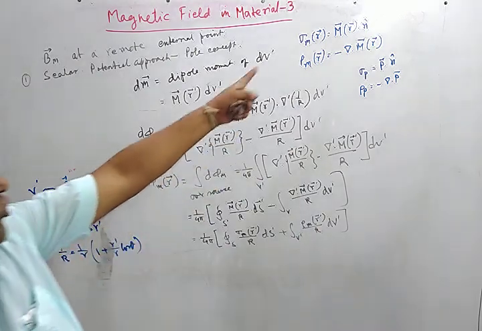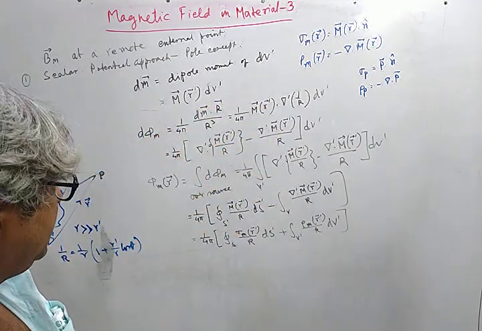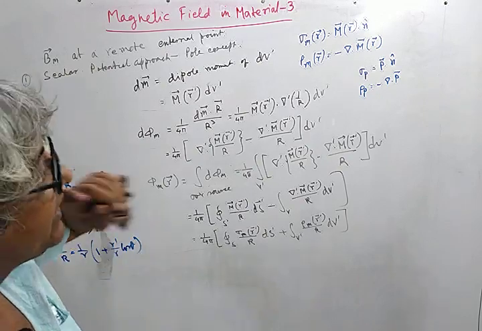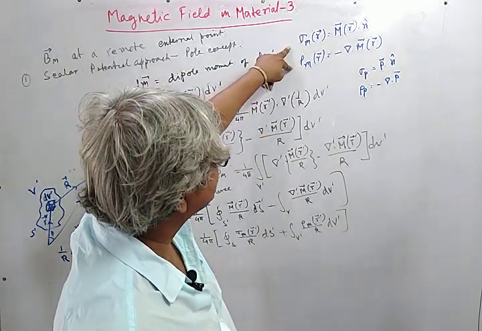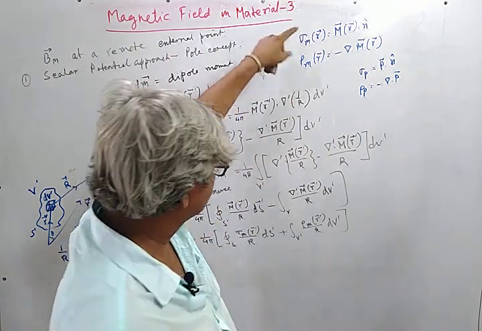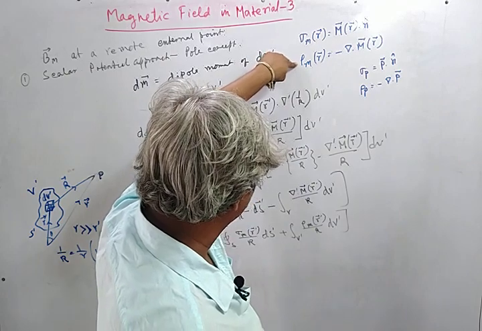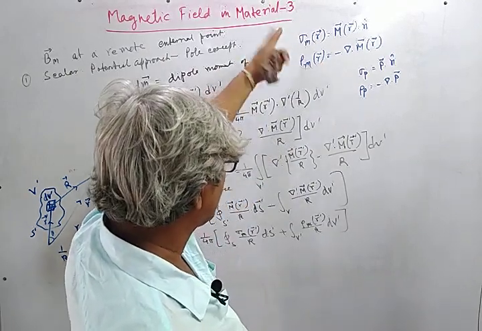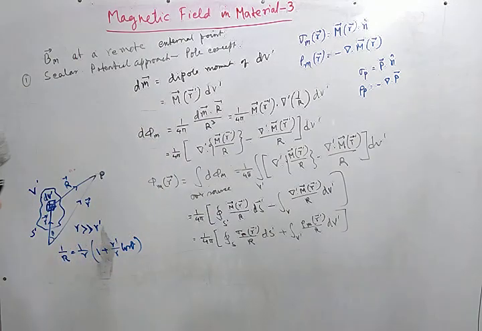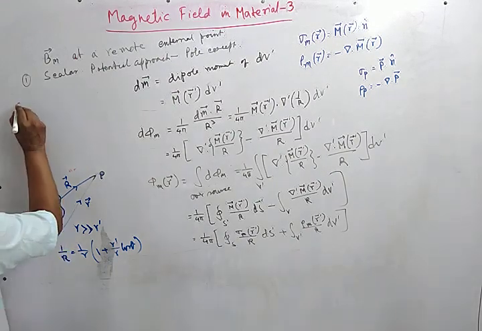So we have introduced pole densities, and it is very easy to verify that the total magnetization charge or pole is 0. To get it, we must integrate it over the surface and this over the volume, and if we convert one into the other, then we find that the net pole density is 0. Similar thing we also obtain in the case of polarization charge. Since the net polarization charge is 0, the contribution coming from the surface and volume was 0.